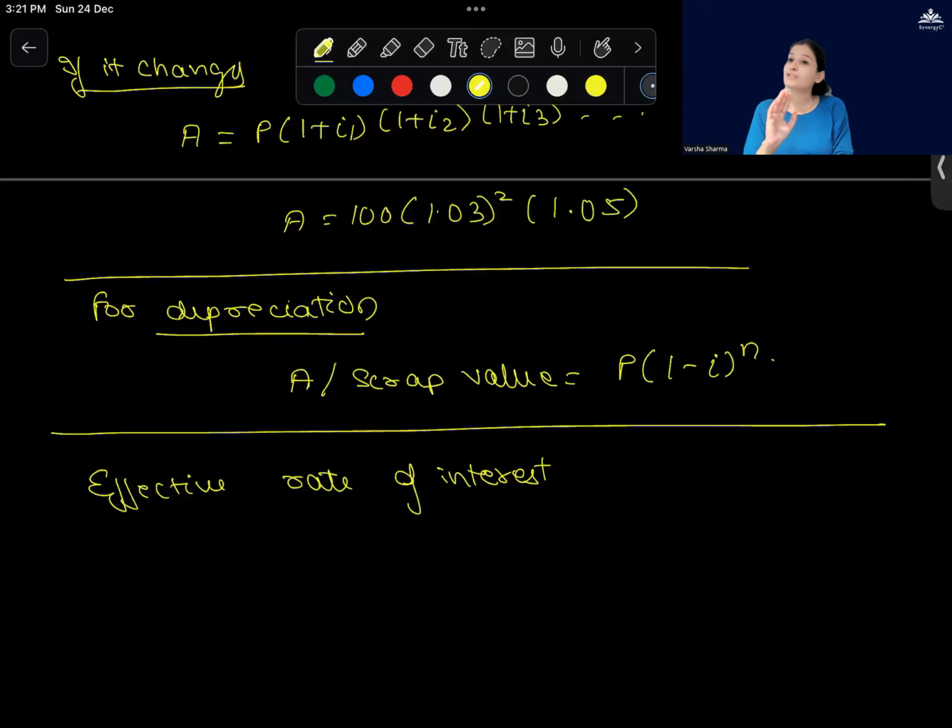Rather than making payments twice a year, I want to make a single equivalent sum of payment at the end of the year. So 4% half yearly will be equivalent to a certain percentage calculated annually. So the annual equivalent of 4% half yearly is known as the equivalent effective rate of interest.